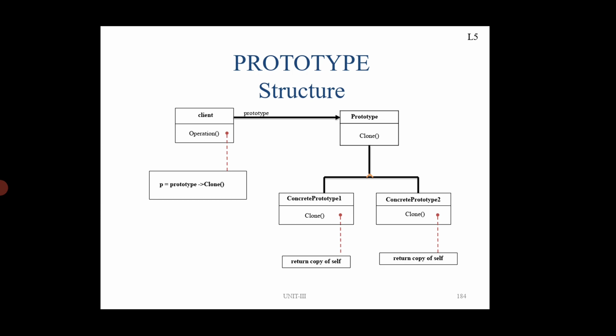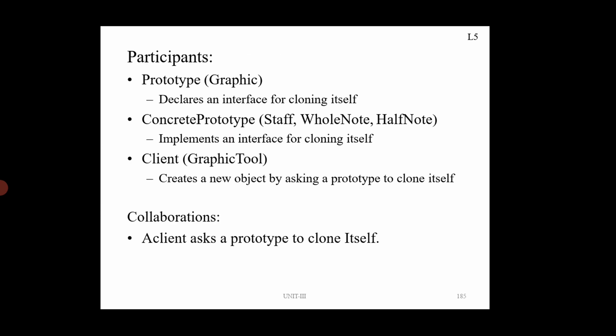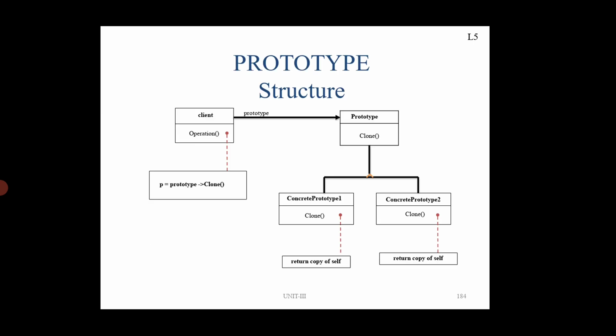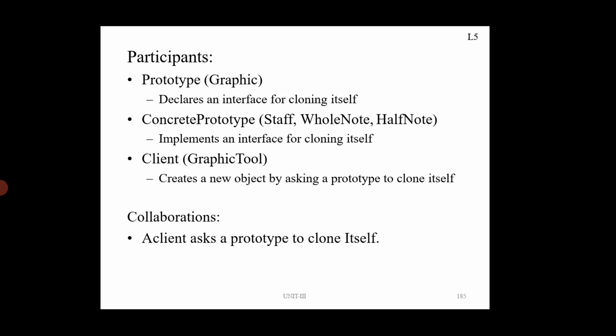That is the structure representation of the prototype design pattern. Coming to the participants, the class name in the figure is Prototype. In the motivation section, in place of prototype we write the Graphic class, which declares an interface for cloning itself.